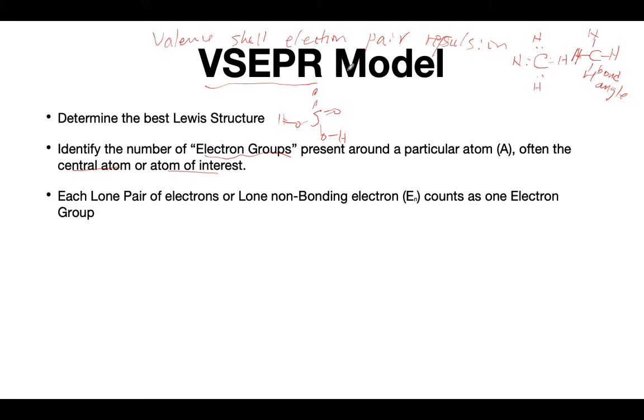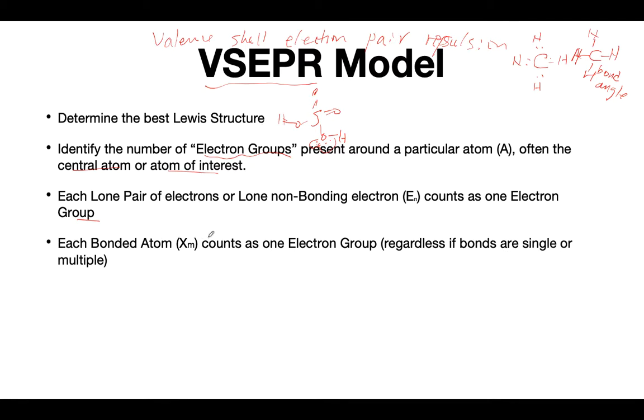In this case, look at this oxygen we mentioned. This oxygen has two more pairs, right? Each one will be considered as one electron group. So you have 1, 2, 3, 4. That's four electron groups.